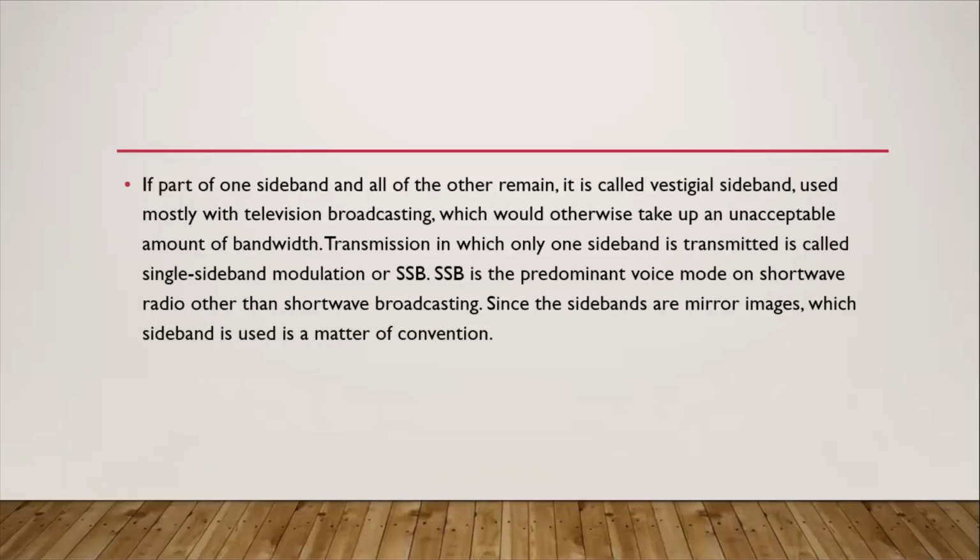Kaya ano ba yung vestigial sideband? It is used mostly with television broadcasting, which would otherwise take up an unacceptable amount of bandwidth. Okay, ginagamit natin sa mga television broadcasting.